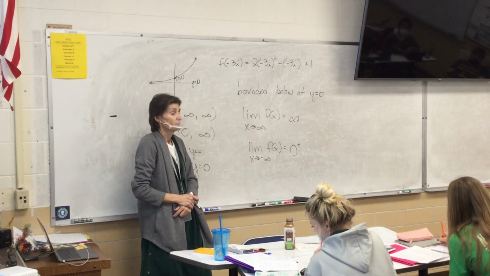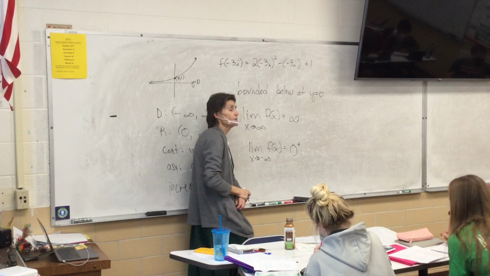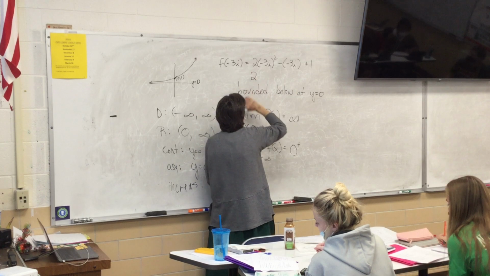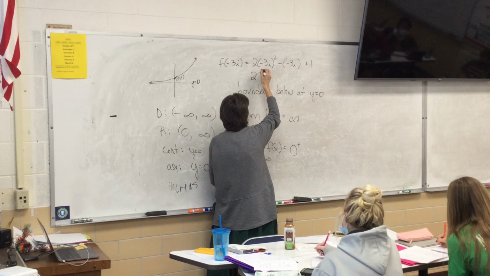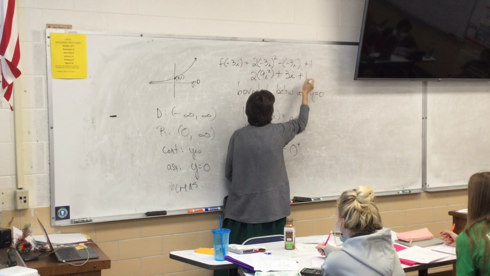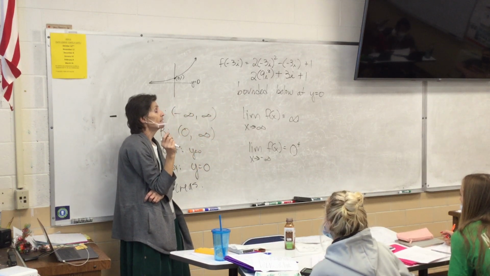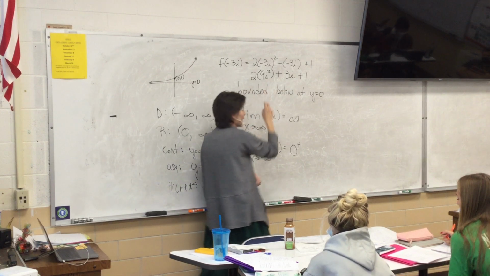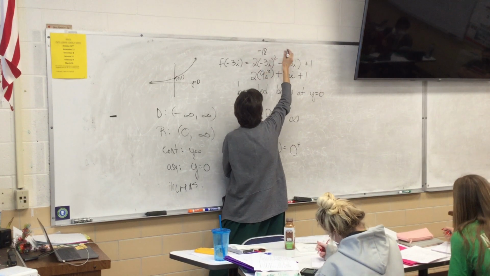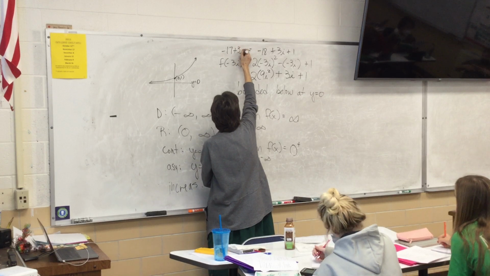Those are two separate problems, so it goes back to the original. PEMDAS tells me to square, that's gonna be 9i squared. 9i squared is negative 9, times 2 is negative 18, plus 3i plus 1. So your answer would be negative 17 plus 3i.